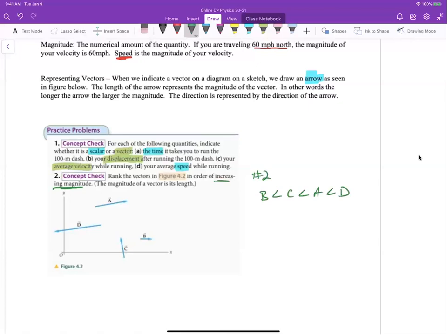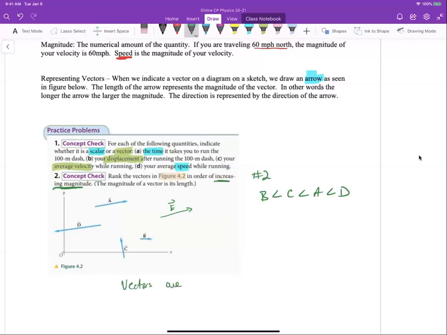I would also like to point out, let's say I'm going to try to draw, we'll call this vector E. Vector E is identical in length to A, and let's assume I've drawn that perfectly parallel to A. A and E are equivalent.